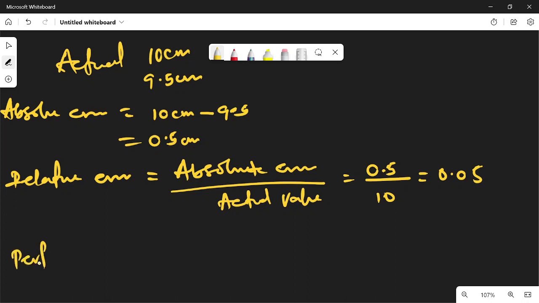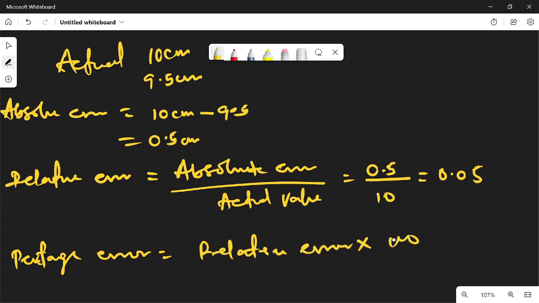Then percentage error will now be relative error multiplied by 100. That is absolute error divided by actual value multiplied by 100 over 1. Is that clear now?